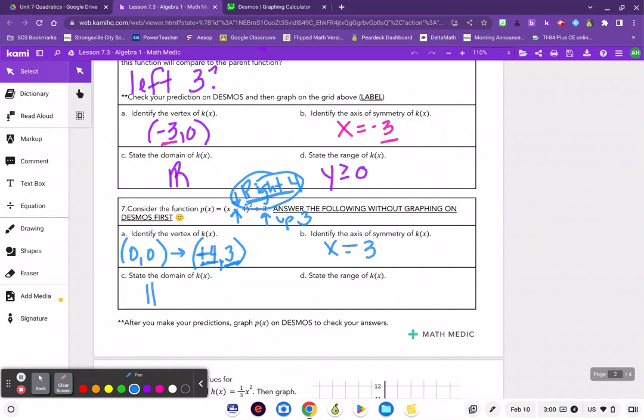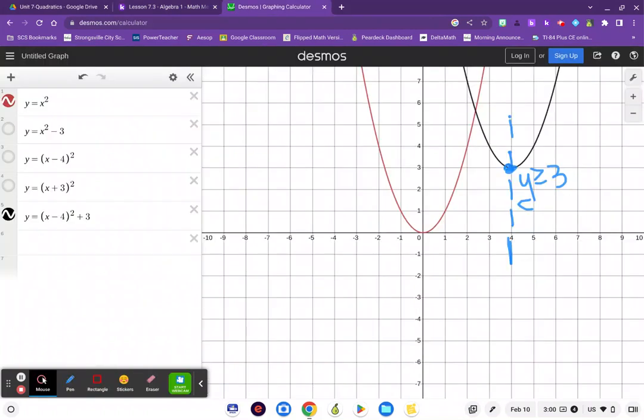The domain is always all real numbers. I am sorry. X equals 4 was our axis of symmetry. My apologies. X equals 4 because that's the x-coordinate, and the range is y is greater than or equal to 3. All right, so just to verify, for the axis of symmetry, we're going through the x-axis at 4, x equals 4. Okay.